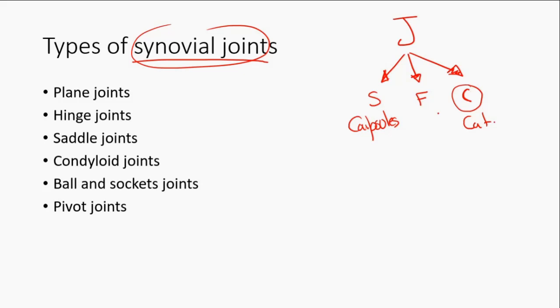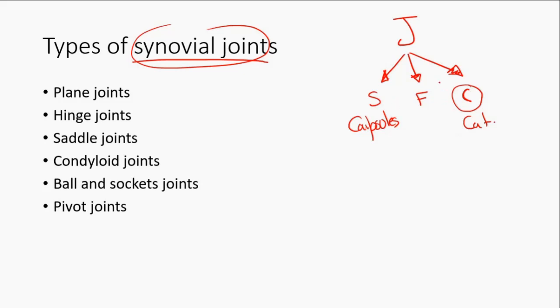They hold the bones together and allow for a limited movement. The cartilaginous joints, such as the pubic symphysis, the vertebrae, and the rib cage, where the ribs are attached to your sternum, are there to hold the bones together in place, but it also allows for some kind of movement. For example, in the vertebrae, you're allowed to bend forwards and backwards, and in the pubic symphysis, it allows some kind of tolerance so that women can give birth a little bit easier.